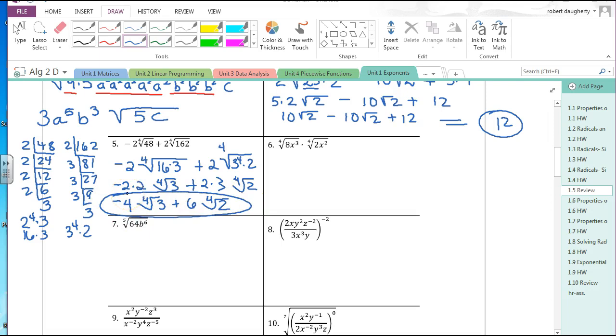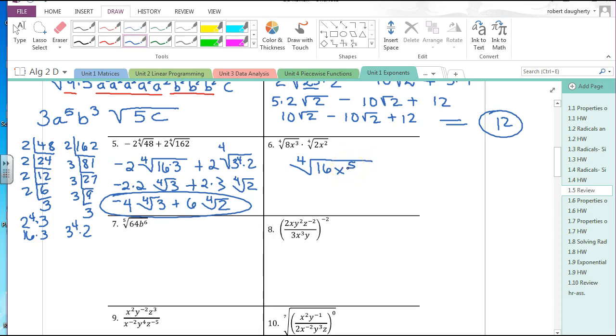Number 6, the fourth root of 8x cubed times the fourth root of 2x squared. When I'm multiplying, I can often get something simpler if I combine the radicand by just multiplying. This is going to be 16x to the 5th.